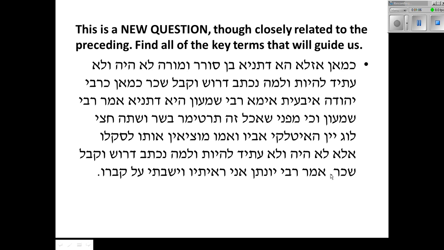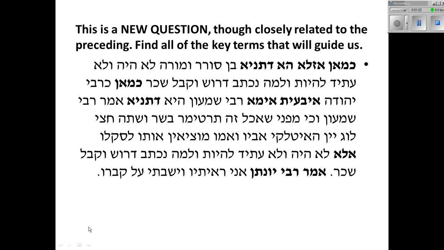And then Amar Rabbi Yonatan, which is clearly going to introduce a new position, regardless of exactly how we break it up. Okay, so here you go. Once you've got those, you can kind of identify some of the pieces, right? If this is the Tanya, this text right here is going to be a Braita.